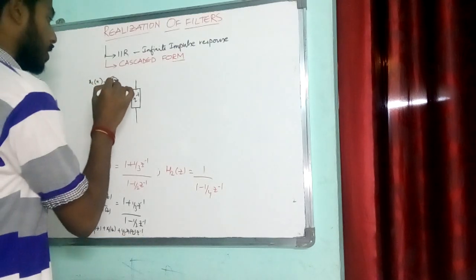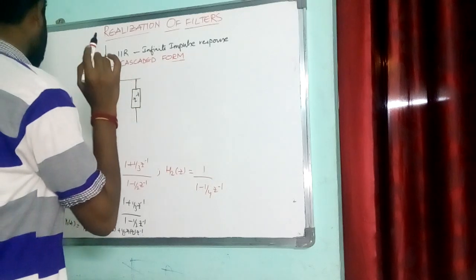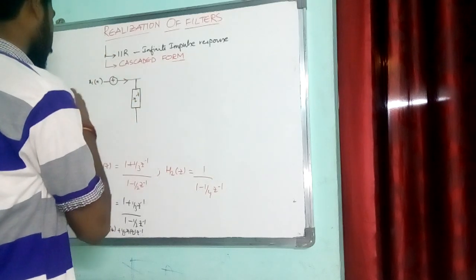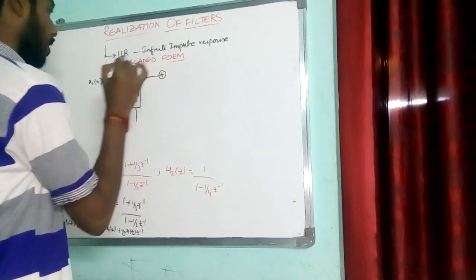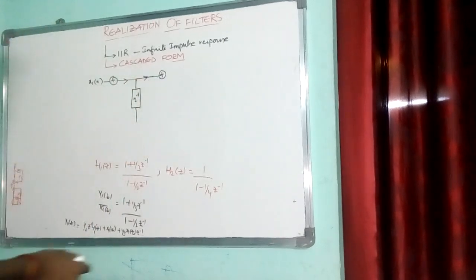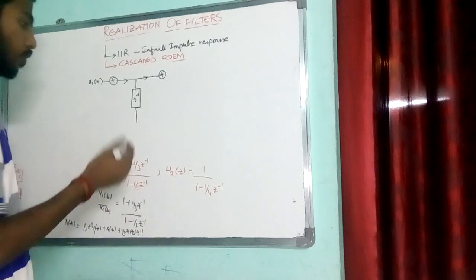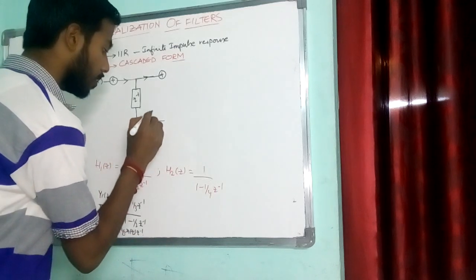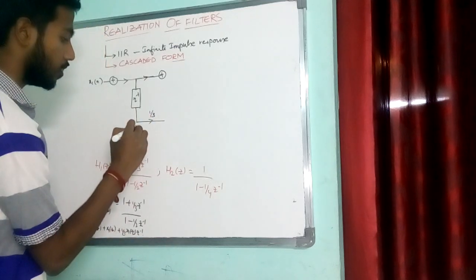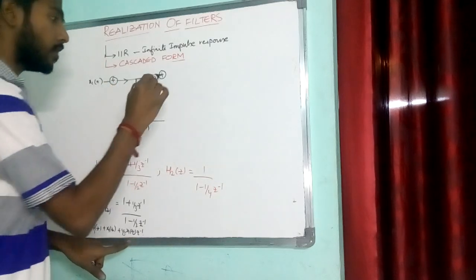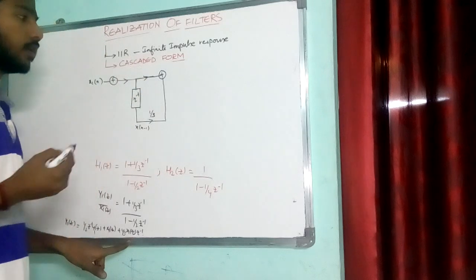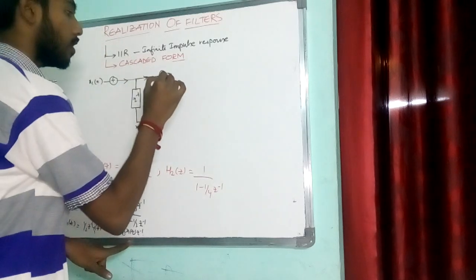So this will be my x1 of n, in the same direction. This x1 of n is delayed by z inverse, one time unit, so this is x of n minus 1, with amplitude, this term, 1 by 3.